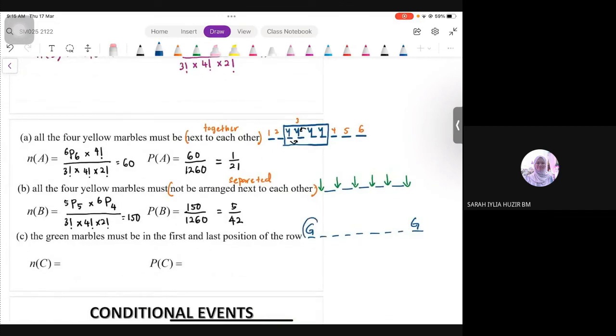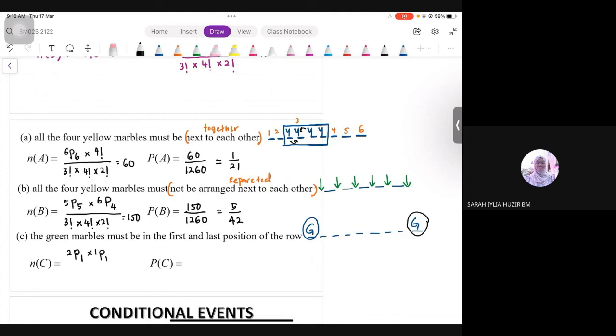So if 1 kita choose kat the first place, we want to arrange there, so dia akan jadi 2P1. Why? Because out of 2 green marbles, 1 kita akan letak kat first space. So 2P1. And then remaining 1, we must put at the last space. So times with 1P1. 1P1 tu maksudnya ada satu lagi green, mesti letak kat kotak hujung tu.